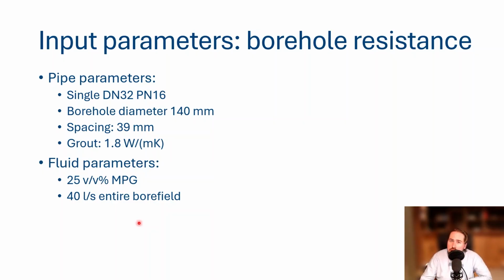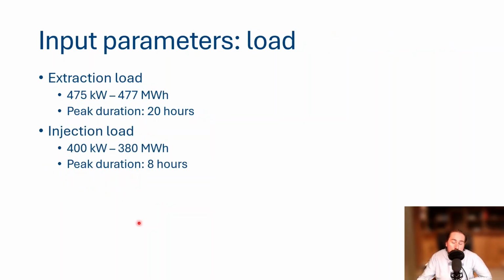Now for the load, when compared to our other videos, we will be now working with an injection and an extraction load. So instead of having the building load, we have the ground loads. And because this is a multi-utility building, there were quite a lot of different demand profiles, etc. So in pre-processing, we determined manually what the ground load will be in this case, so it's easier to simulate that way.